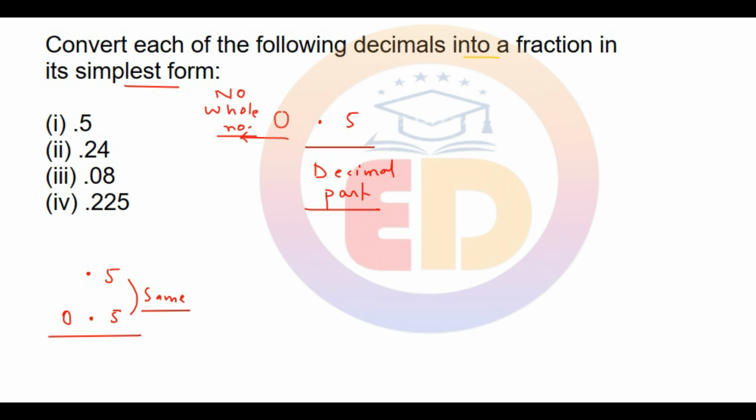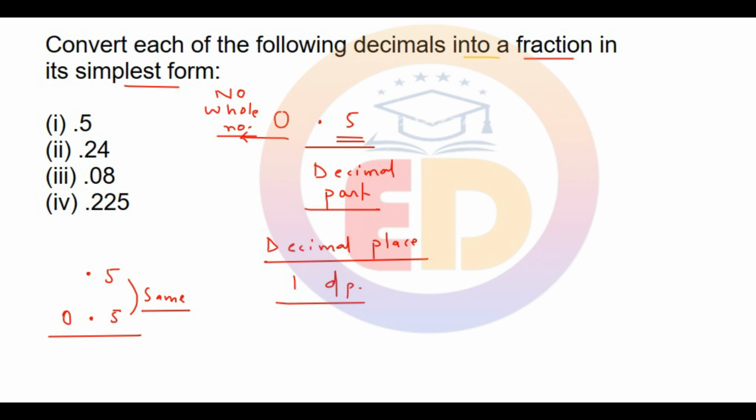The question says to convert 0.5 into a fraction. Now remember, if you want to convert a decimal number into a fraction, then always count the decimal places. In 0.5, after the decimal there is one digit. So one digit after the decimal point means one decimal place.